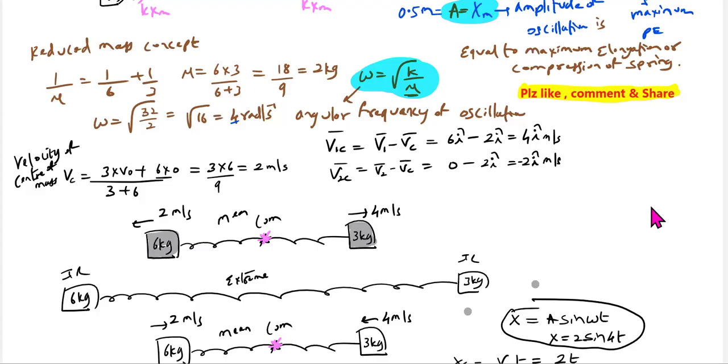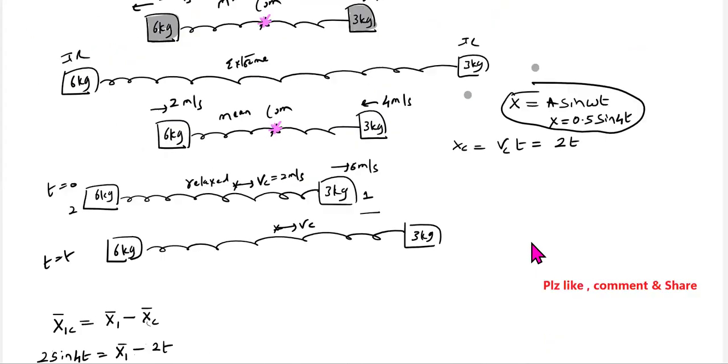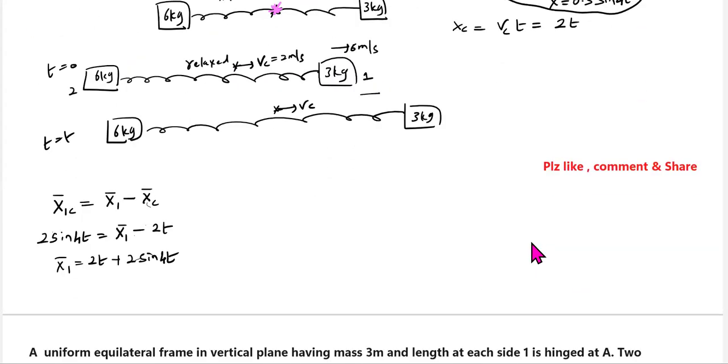Okay, the amplitude is 0.5 meter, the maximum, and I'll change it: sine of 4t. Now we'll write down the equation. So this will be 0.5 sine 4t, the position of block 1.